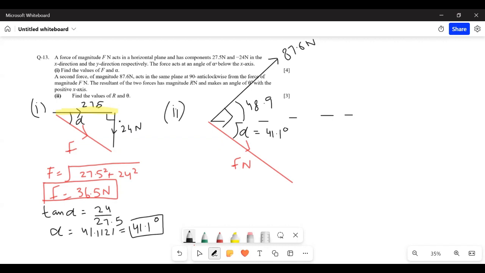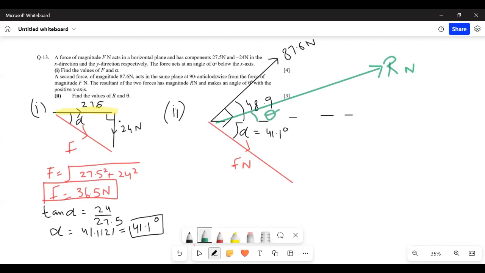So the resultant of the two forces has the magnitude of R newtons. So दोनों forces का net effect होगा R newtons. Let me draw that here. ऐसा कोई R newton होगा. And makes an angle of theta above the positive x-axis. So ये angle theta. This angle is going to be theta.